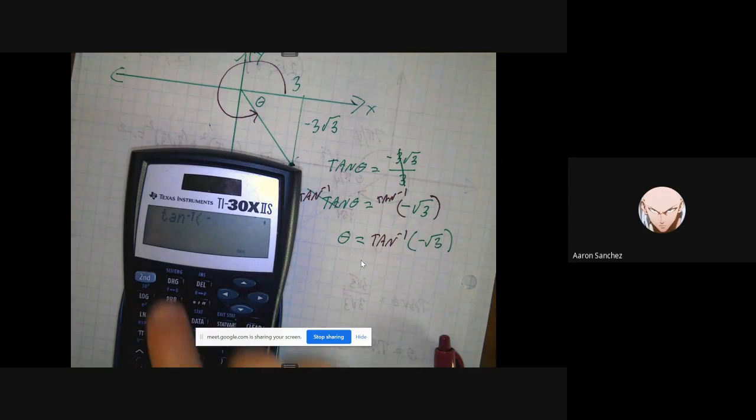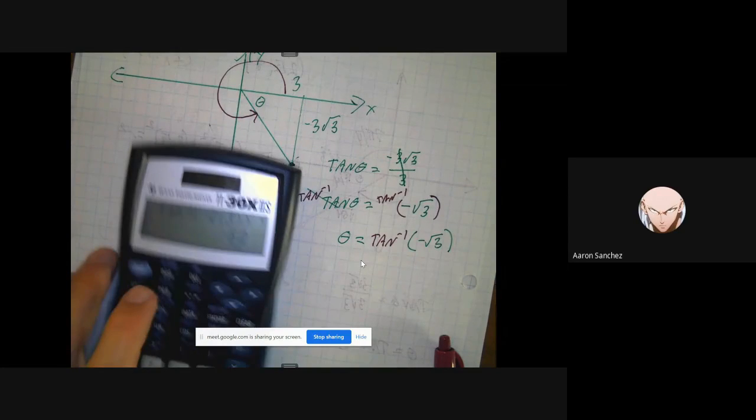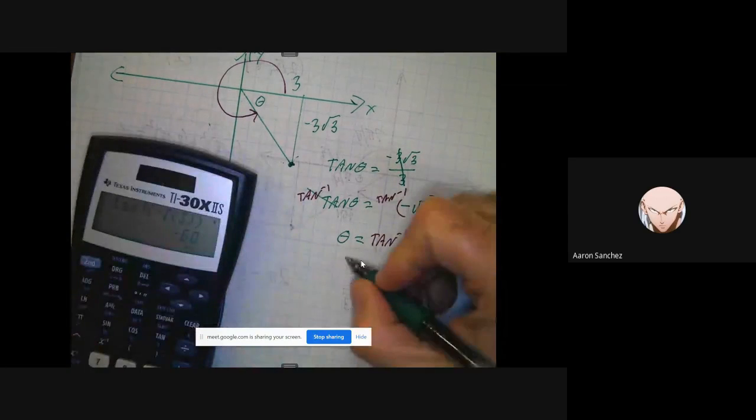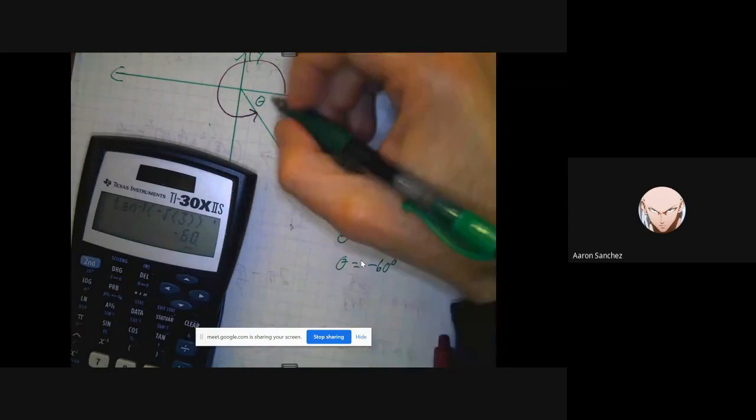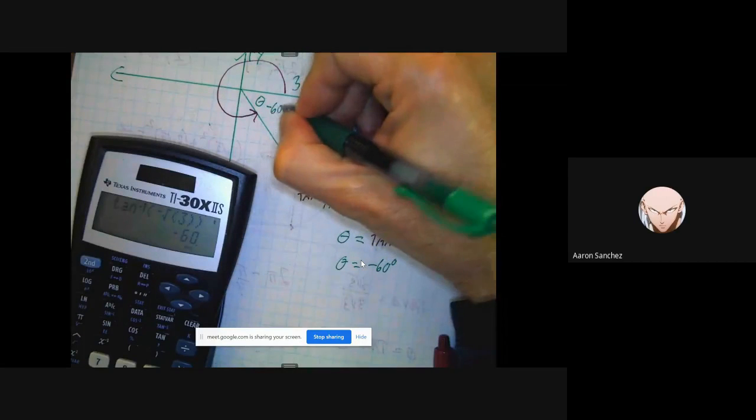Okay. So negative square root 3, and we get negative 60 degrees. So this is negative 60 degrees.